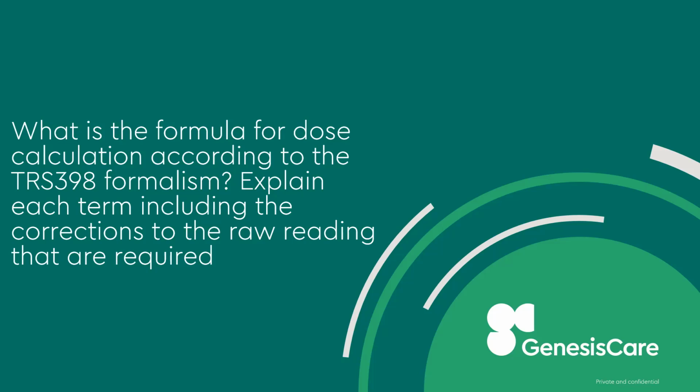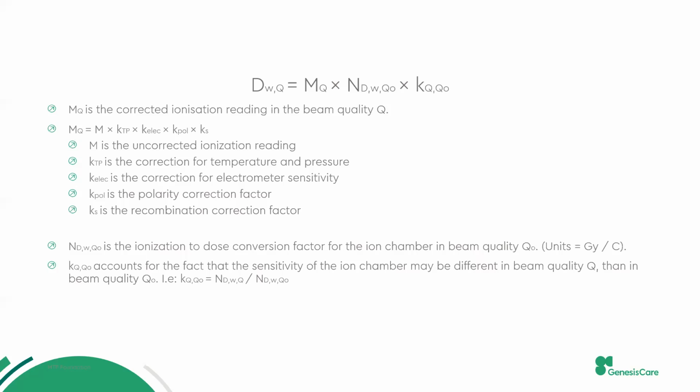We need some correction factors, because the data from the electrometer is influenced by factors like temperature and pressure and ion recombination. You know that we need two different voltages to measure this. Also there are polarity corrections, since the electrometer in a different polarity may give different readings.